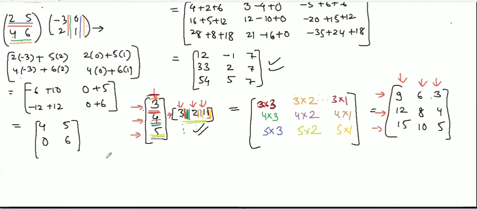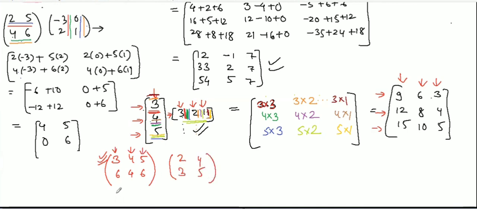Let's take a 3, 4, 5, 6 matrix here with 3 columns, and let's take another matrix with 2 rows: 2, 3, 4, 5.